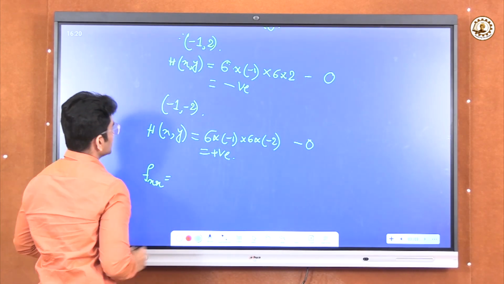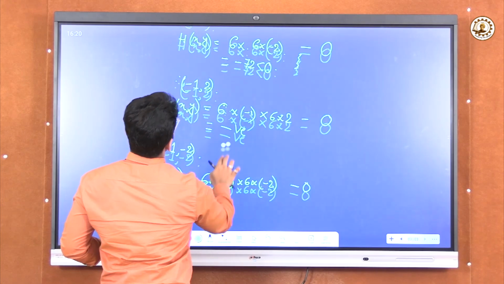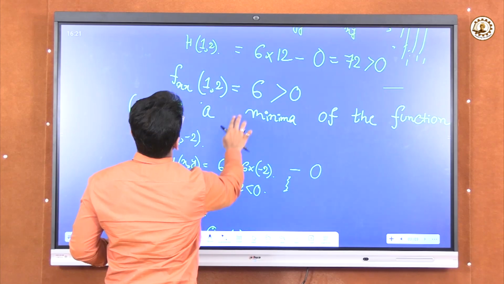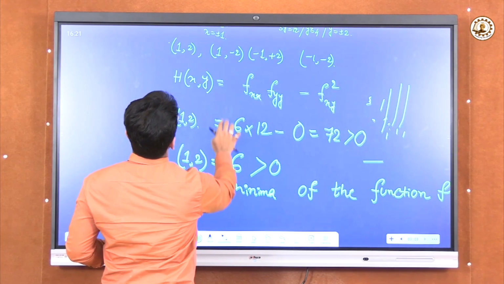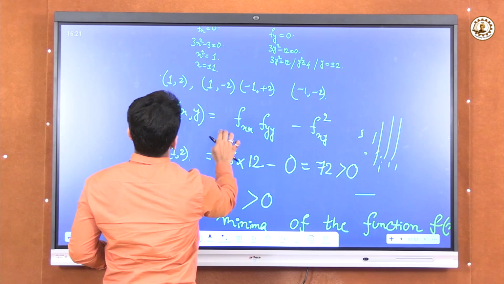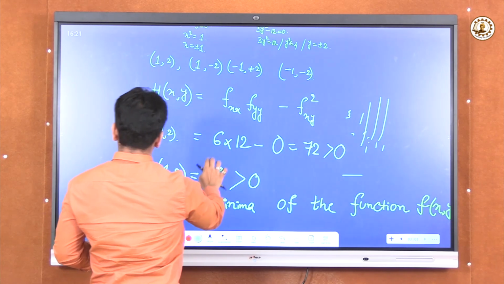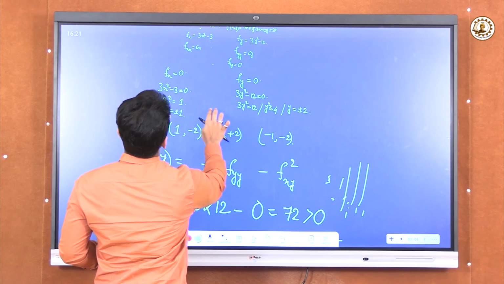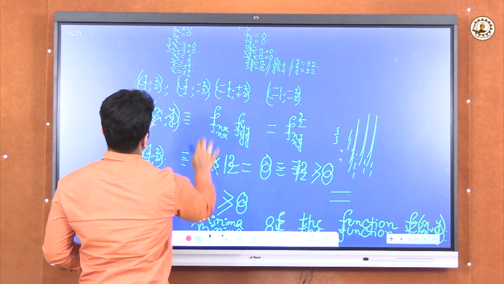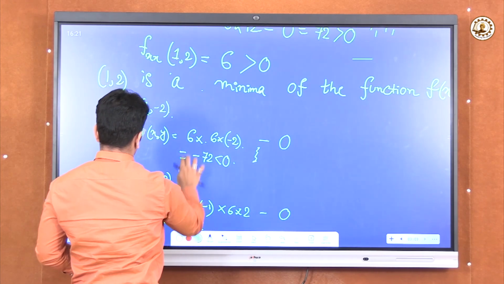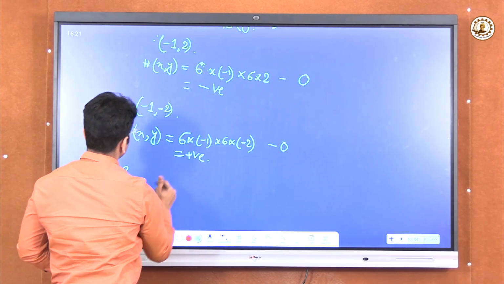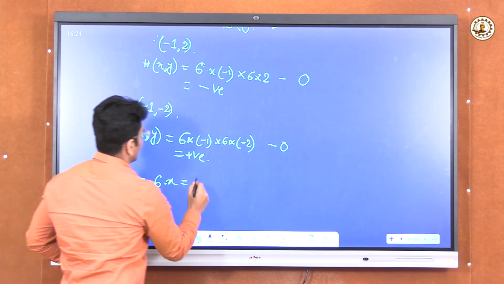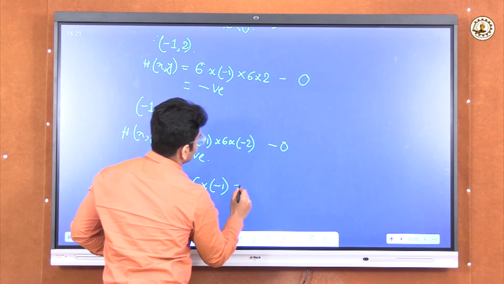Now f of xx was 6x. Here we put the value 6 into minus 1, so it is minus 6.